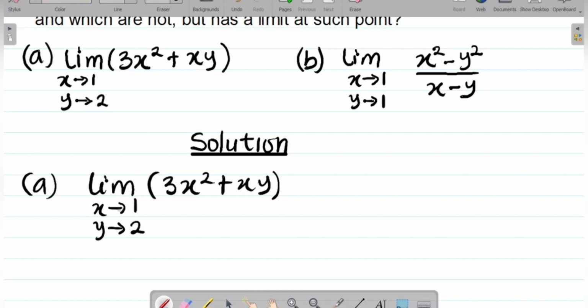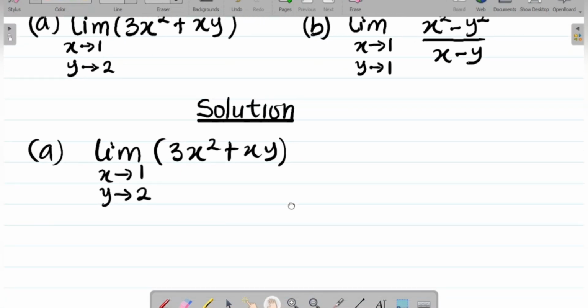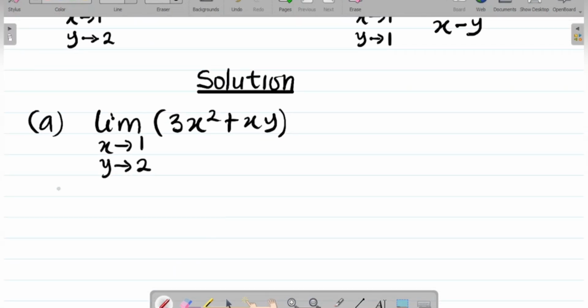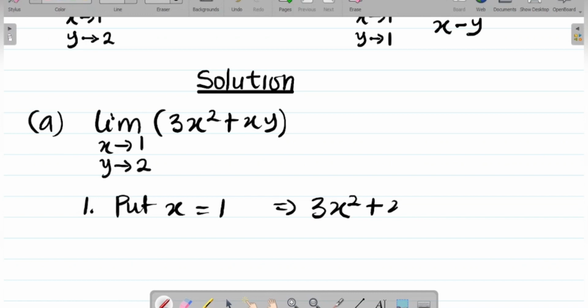All right, so my first task, as usual, would now be to put x as equal to 1. So my first task, case 1, put x as equal to 1 in the function. The given function was 3x squared plus xy. So put x as equal to 1.